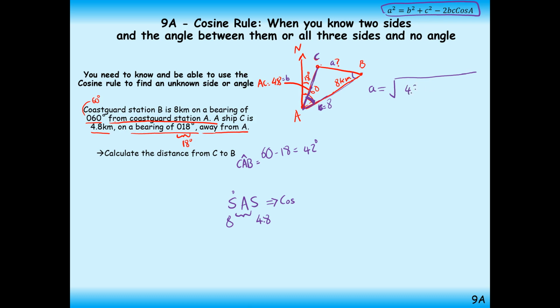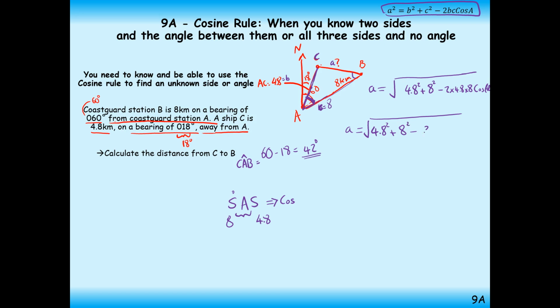So a equals the square root of 4.8 squared plus c squared, which is 8, so 8 squared, minus 2 lots of 4.8 times 8 times cos of the angle, which I figured out was 42. As always I'm not having enough space to write everything there. There is the number 42 in front of the cos; I'm just going to write it here once again.